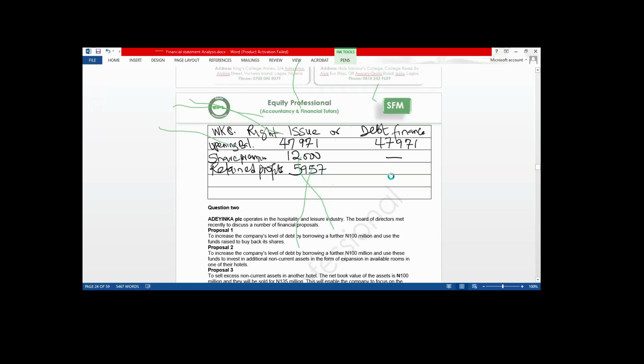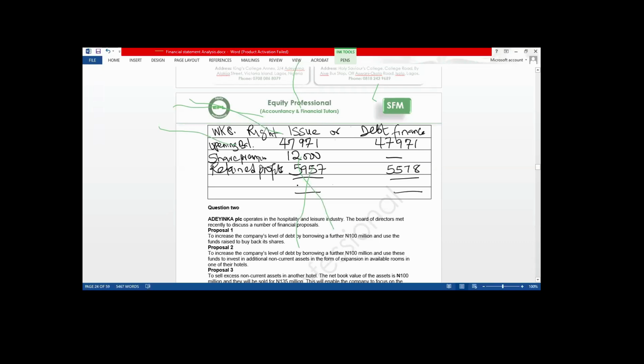Under debt finance, what is the retained profit? 5578. You can now get reserves. For rights issue, please compute what is the reserve. For debt, what is the reserves? This is reserves.